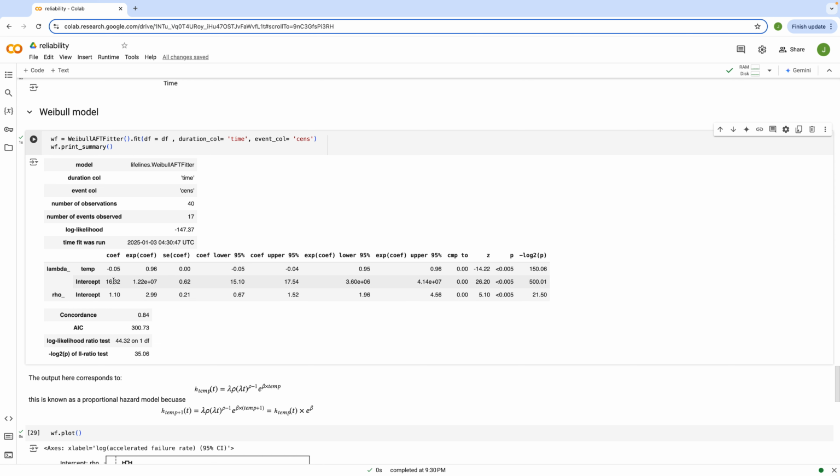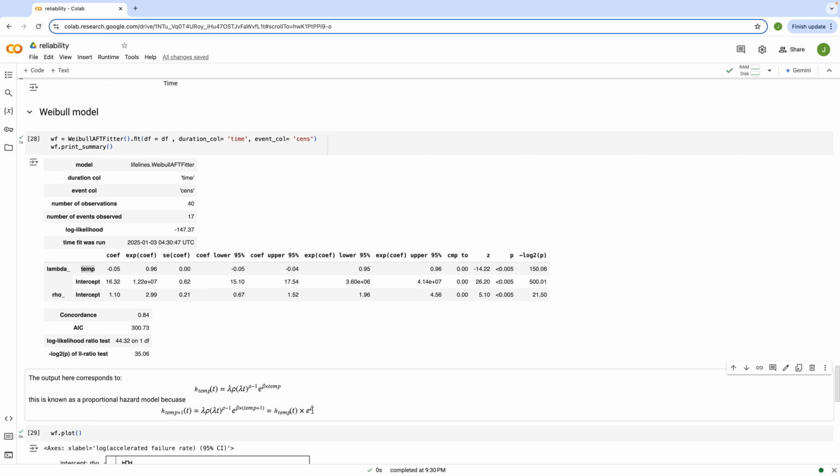So we have our estimate for lambda, the intercept, which is 16.32. We have it for the value of rho here. Again, there could be varying interpretations of rho, but one thing that doesn't change when we take into account the variable temperature is how temperature affects hazards.